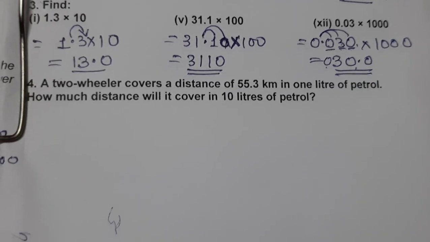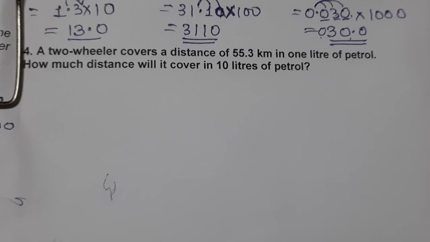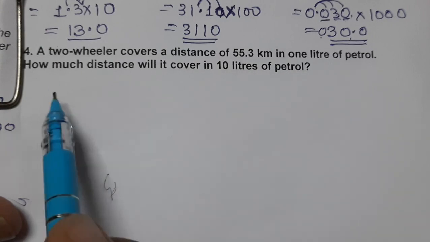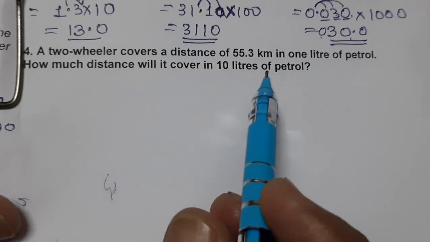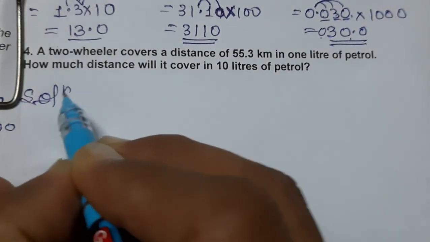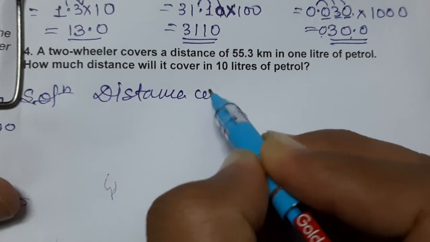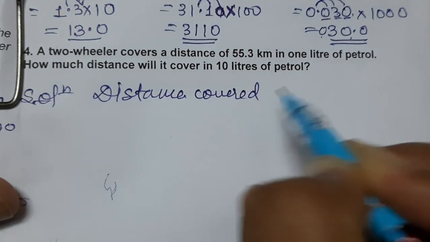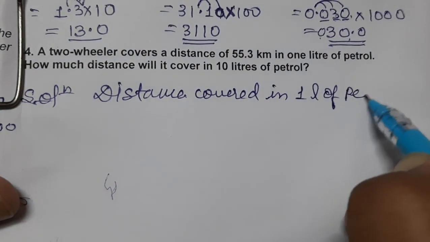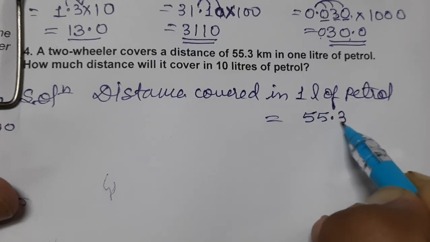Now see the next question. A two-wheeler covers a distance of 55.3 km in 1 liter of petrol. How much distance will it cover in 10 liters of petrol? So simple. Solution: distance covered in 1 liter of petrol. It's given to us, 55.3 km.